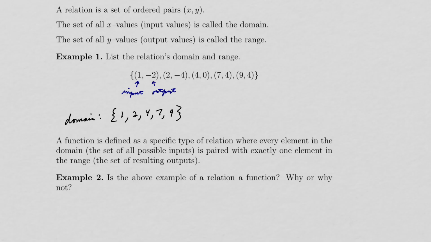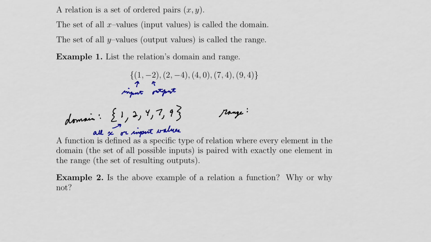So that's the domain. It's all the x or input values. I'll write that down here again. So these are all of the x or input values. And the range is going to be all of the y or the output values.